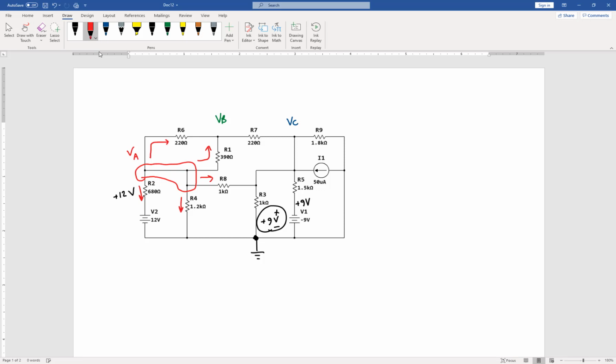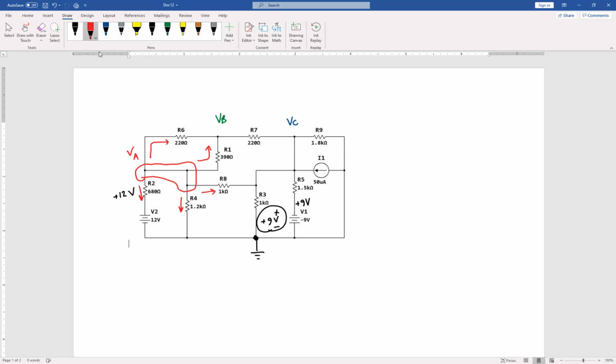Maybe I should be a little more clear. Okay, so there's 5 currents there we have to write in the KCL equation. And remember, I'm assuming none of the currents are going in, so they're all going out.